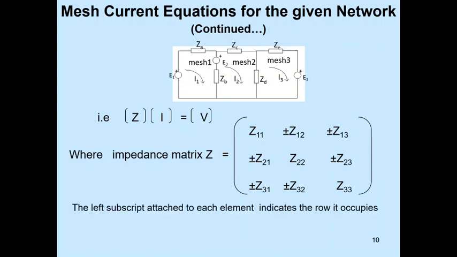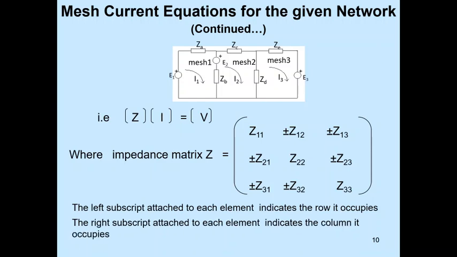The left subscript attached to each element indicates the row it occupies, and the right subscript indicates the column it occupies. See again, the left subscript indicates the row, and the right subscript indicates the column.